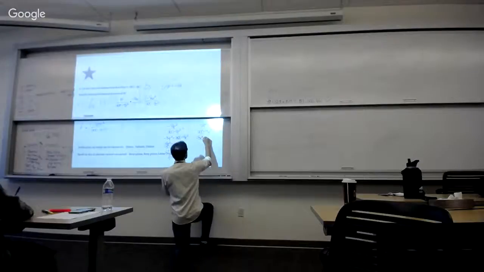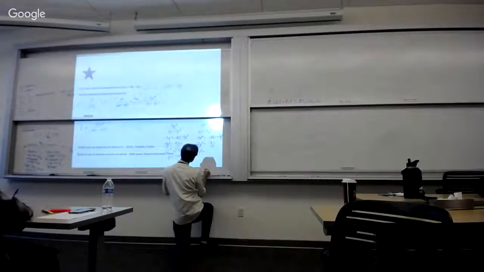Negative 8p squared equals negative 200 plus 4p squared. Now I'm going to bring that 4p squared over and get negative 12p squared equals negative 200. This makes more sense. Divide out negative 12. So p squared is equal to 100 over 6.